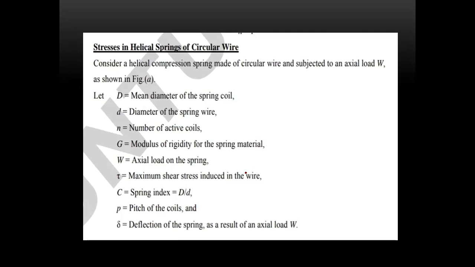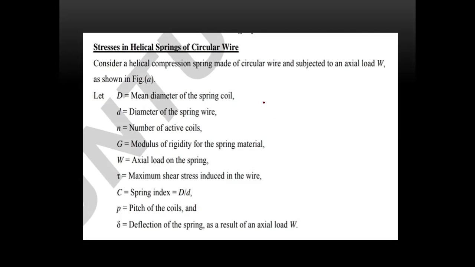Next. So generally, if you open the design data book, old book or new book, you have the derivations of each and every component. If you open the springs unit in the design data book, you can see the total spring concepts also.